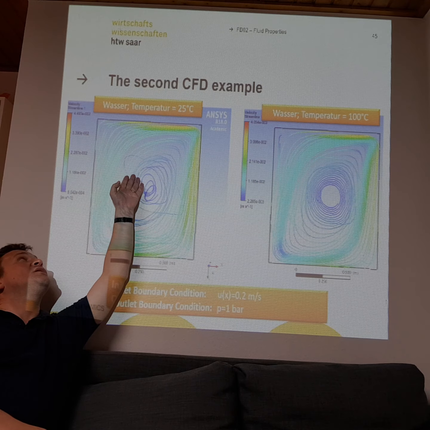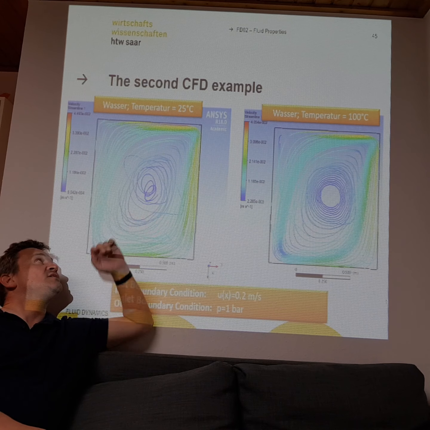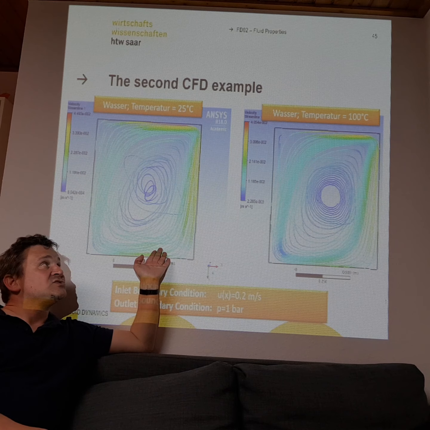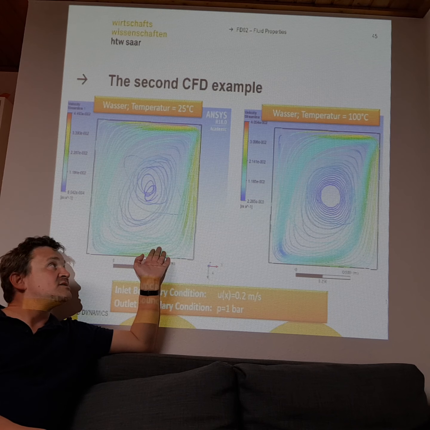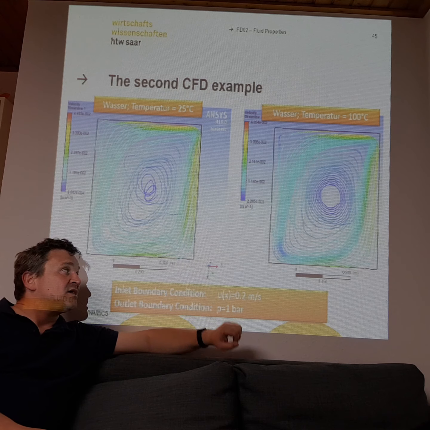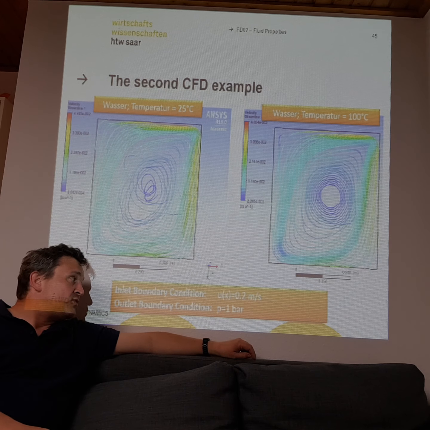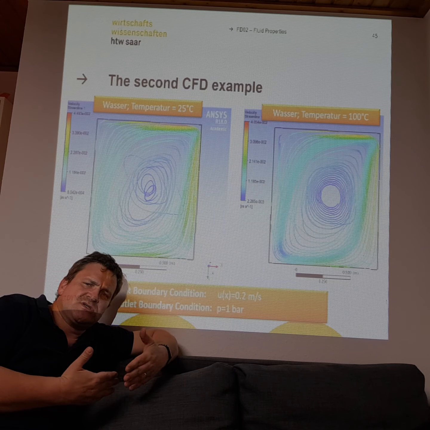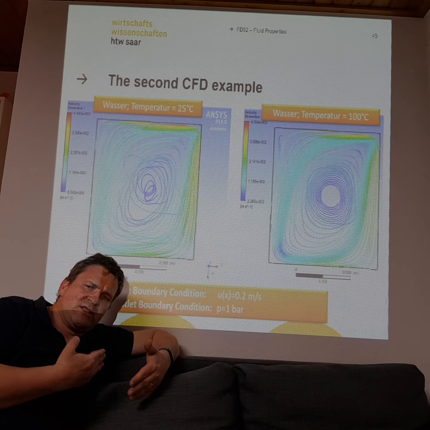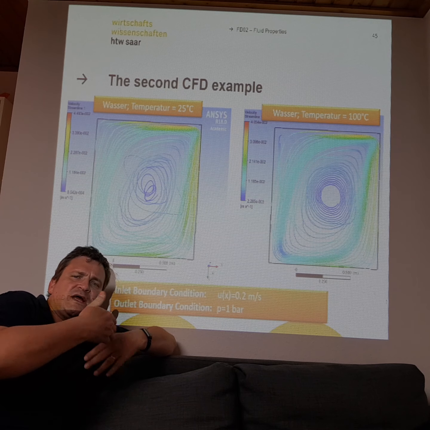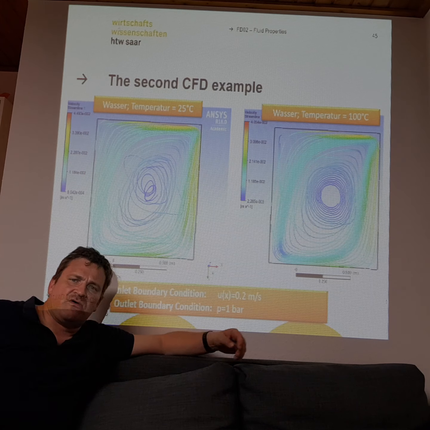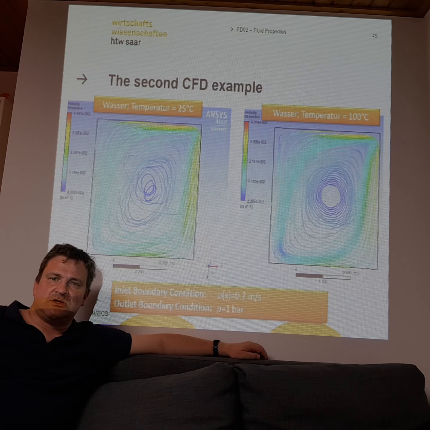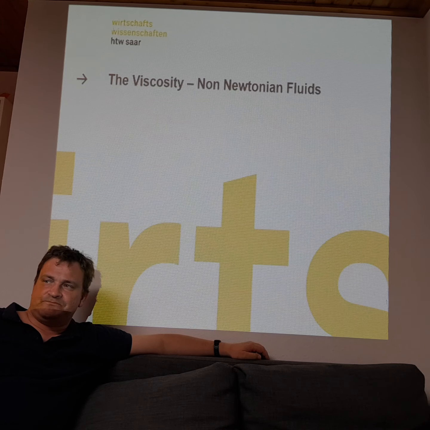If you look here, it's water at 25 degrees. We get different swirls and different behaviors inside this tank than if you compare it with hotter water at 100 degrees. And this is because viscosity changes depending on the temperature, and then we get different results of our swirls inside the water. That's something we want to do as an exercise.